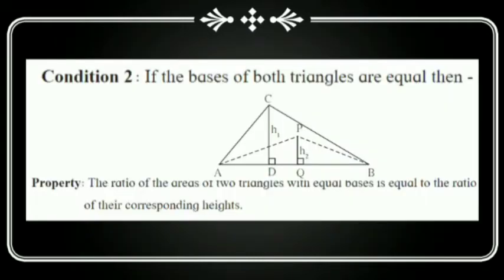Condition second. If the bases of the triangles are equal, then property, the ratio of the areas of two triangles with equal bases is equal to the ratio of their corresponding heights. Condition second.